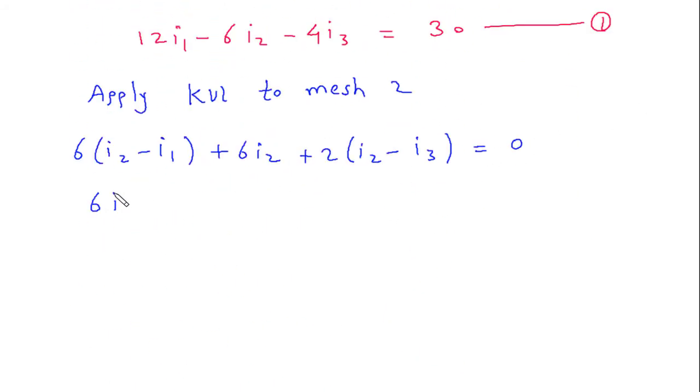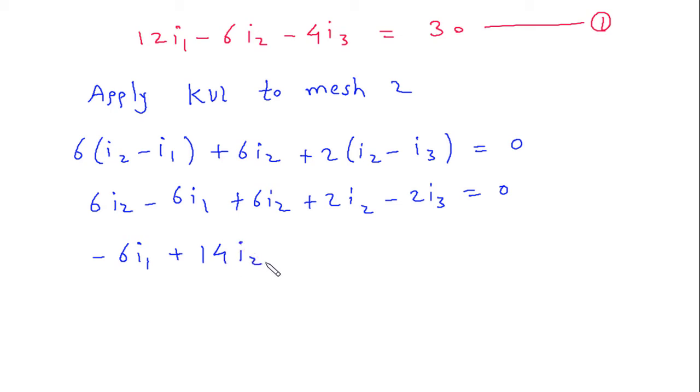This will be 6 I2 minus 6 I1 plus 6 I2 plus 2 I2 minus 2 I3 is equal to 0. So this will be minus 6 I1, then this will be 6 plus 6 is 12, 12 plus 2 is 14, 14 I2 minus 2 I3 is equal to 0. Let's say this is equation number 2.